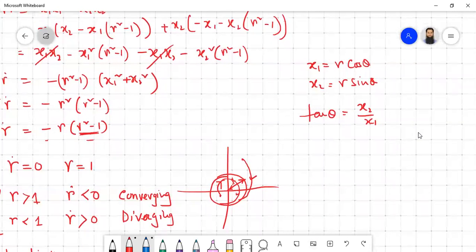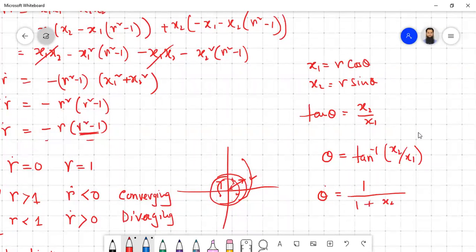So theta equal to tan inverse of x2 by x1. So if we apply the derivative of tan inverse, then what we have is theta dot equal to 1 by 1 plus (x2 by x1) whole square.